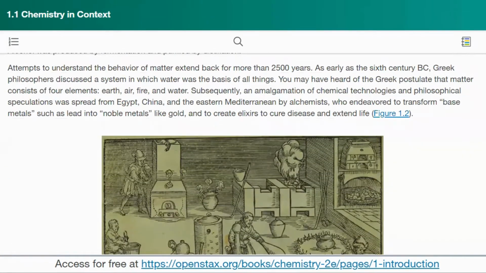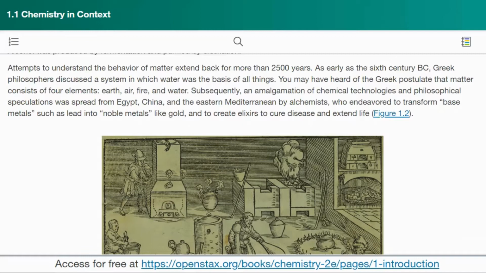Attempts to understand the behavior of matter extended back for more than 2,500 years. As early as the 6th century BC, Greek philosophers discussed the system in which water was the basis of all things. You may have heard of the Greek postulate that matter consists of 4 elements: earth, air, fire, and water.